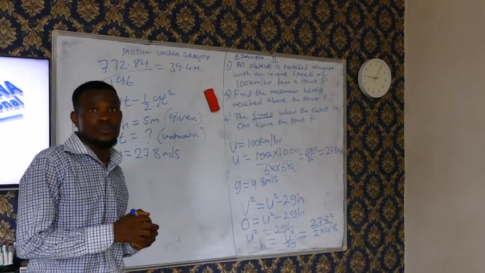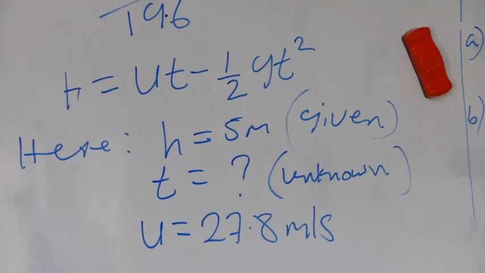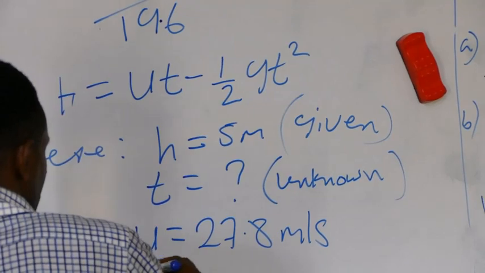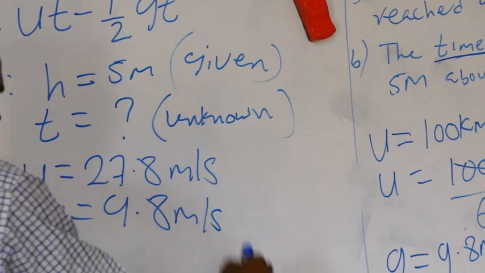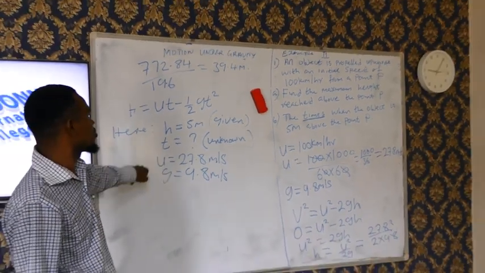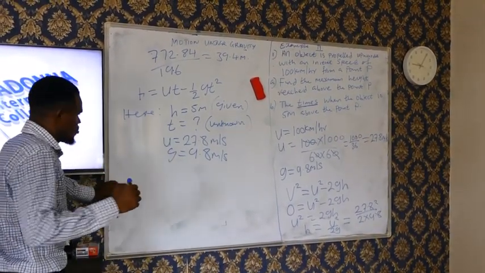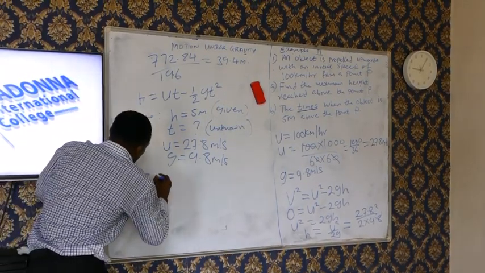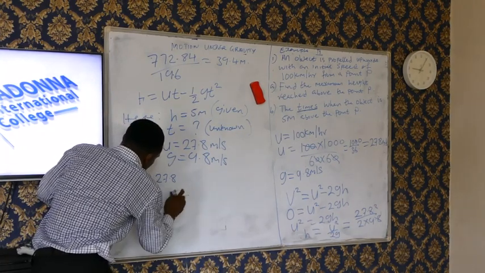Of course, we've assumed G to be 9.8 meters per second squared. You substitute these values into the equation. So we now have it to be 5 is equal to 27.8 times t. Let me do it gradually.